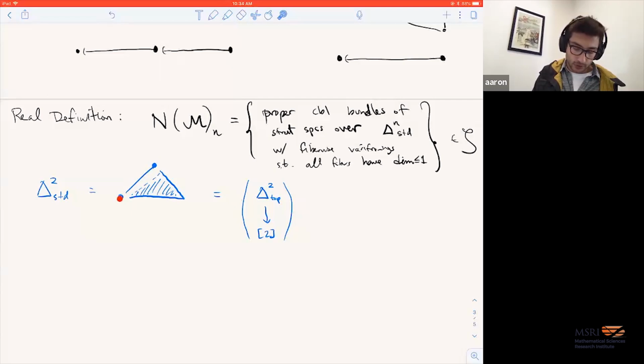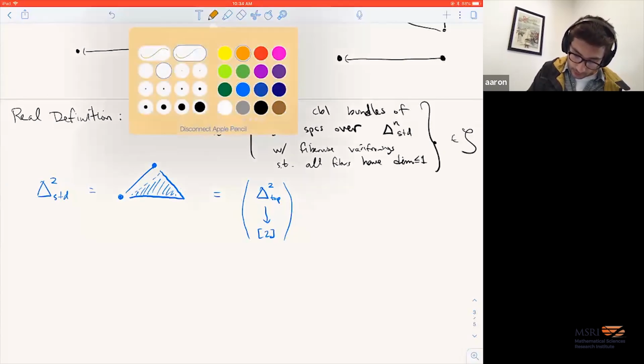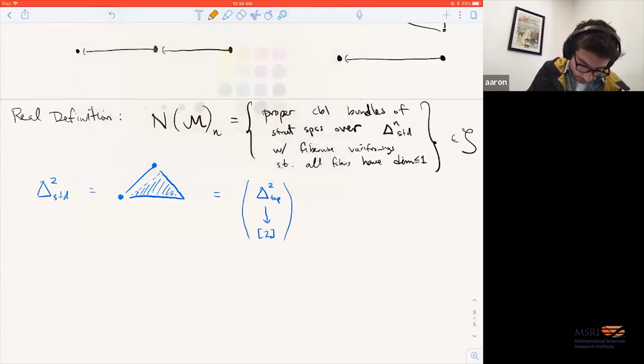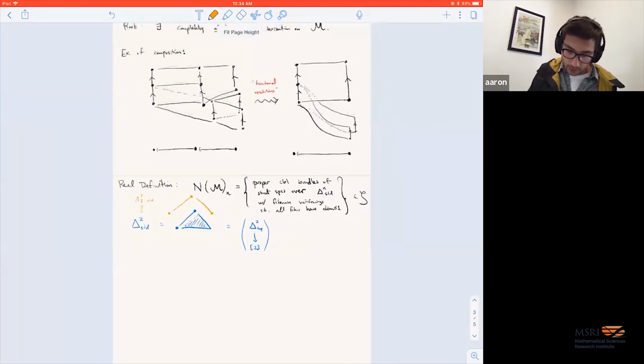In particular, let me point out there's sort of a 2-1 horn inside of here, which is like this and that and that. And the 2-1 horn is exactly this thing right here that I just drew. And then this right here is the long edge of the 2-simplex.